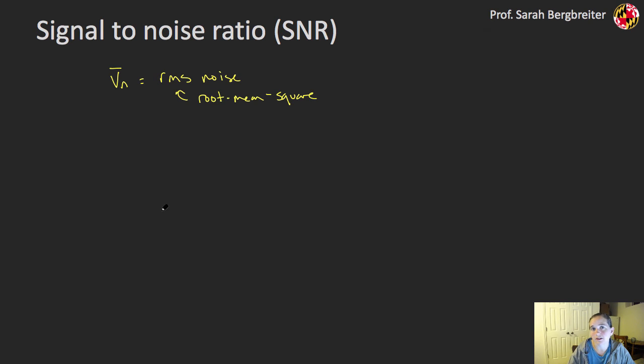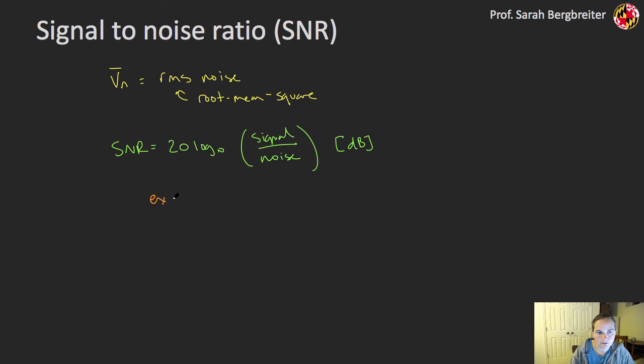That might be one metric that we use to quantify the amount of noise in our system. Another metric that is equally of importance to us when we're trying to actually measure a sense signal is looking at the signal-to-noise ratio, or often called SNR. So this SNR is often defined in dB, so I'm going to have my 20 log base 10 of my signal amplitude, or the RMS version of my signal, over the noise that I have. And that ends up in dB.